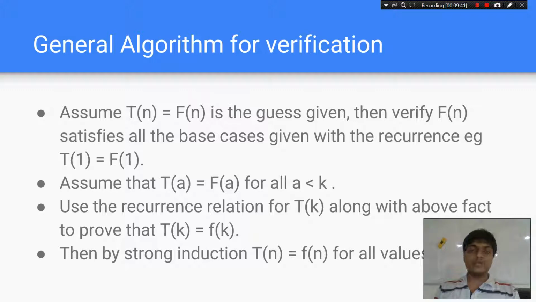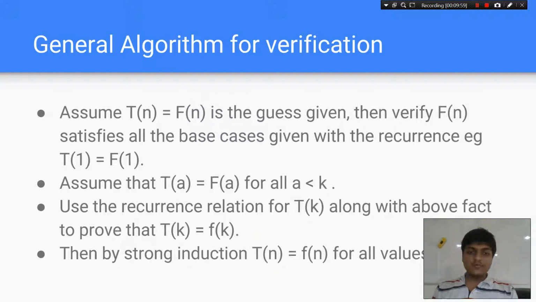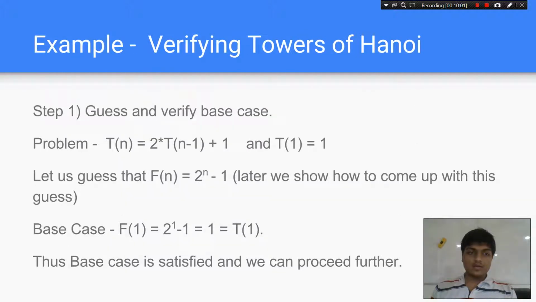For example, you have t_(k-1) equals f_(k-1), t_(k-2) equals f_(k-2), all the way up to t_1 equals f_1, and you can use all of them to prove this thing, okay? And then you can easily say that by strong induction on n, we have t_n equals f_n for all values of n, okay? So this is what we'll use, and I'll show you a demo next.